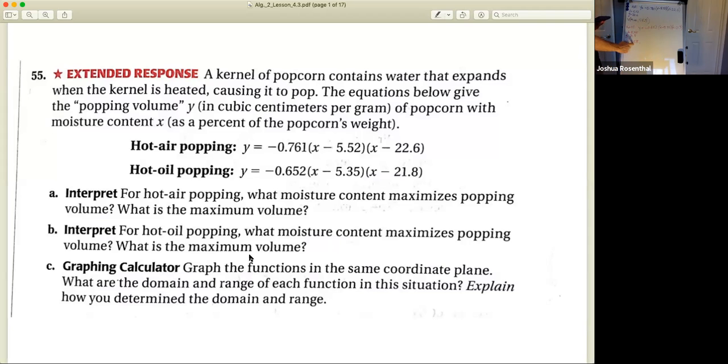Okay, so take a look at this. This is the moisture content as a percent of the weight of the popcorn at the maximum for hot oil popping. We plug that in. I'm going to do that now. Minus 5.35 gives me a positive. If I plug it in here, it'll give me negative of the same thing. So positive times negative is negative. Negative times this negative is positive, so you're not going to see me dealing with any negatives or positives anymore.